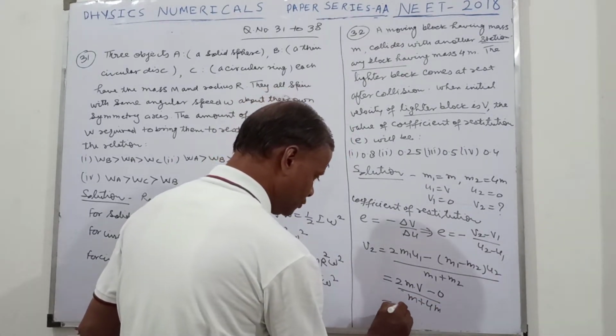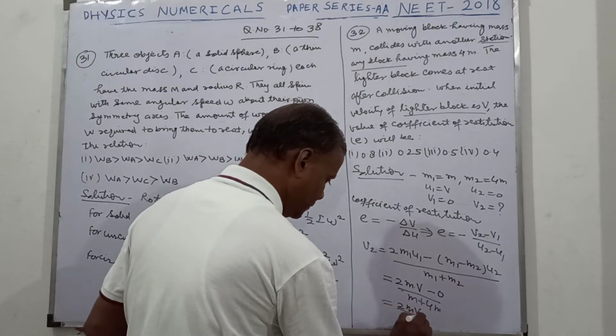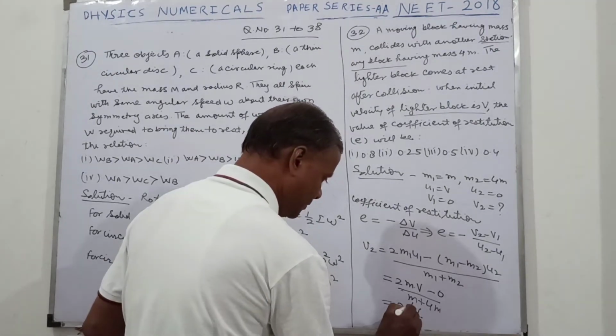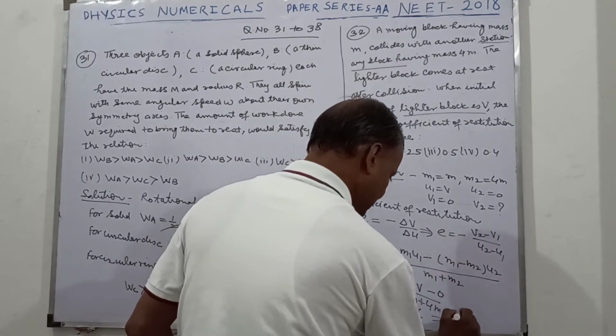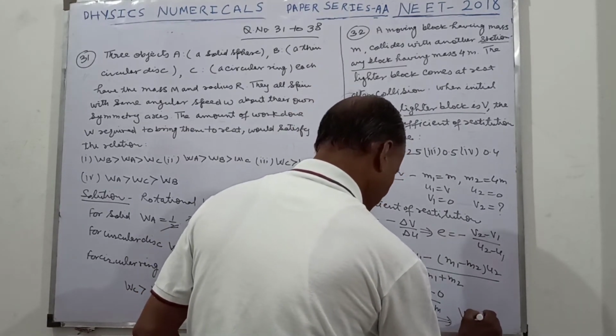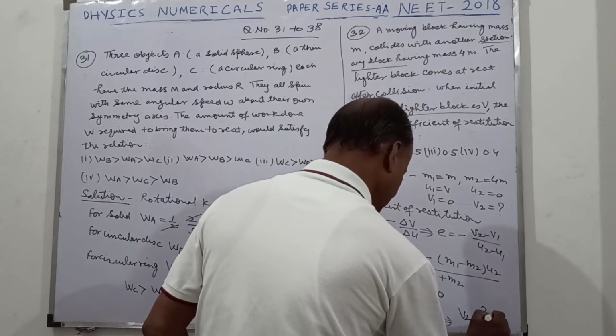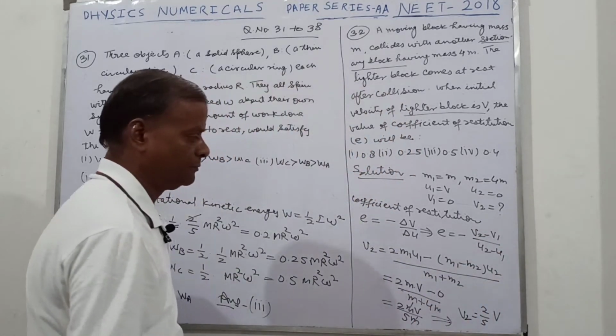So this is equal to 2MV upon 5M. M and M cancel. So this gives you that V2 is equal to 2 by 5 V. This is the value.